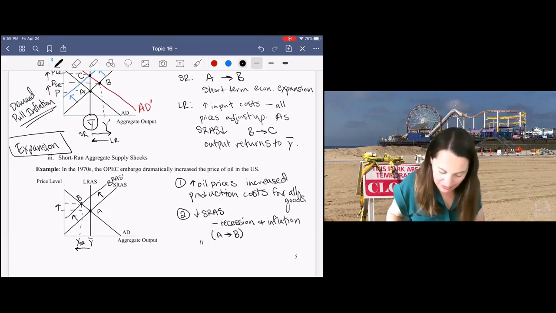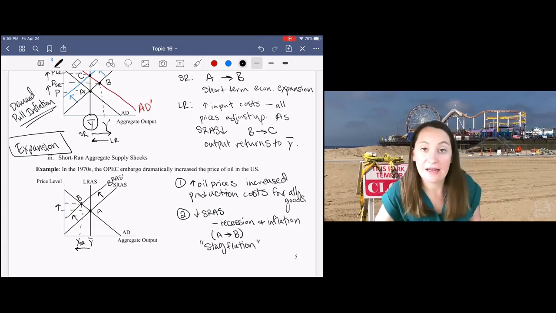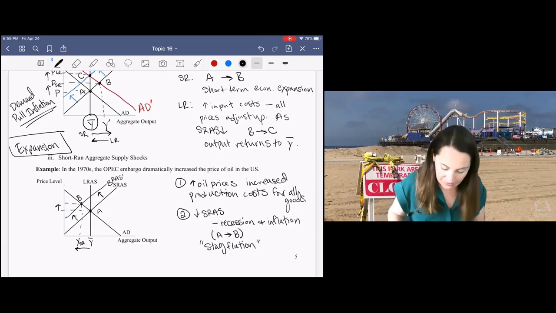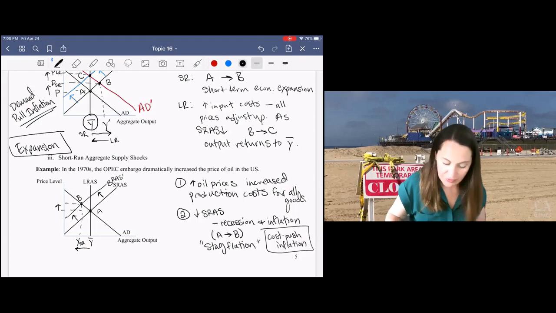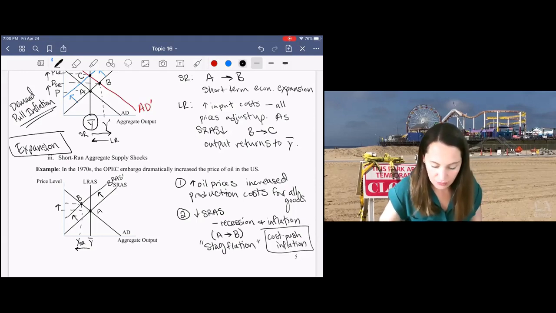This double whammy of recession and inflation has a special name. It's sometimes called stagflation, because we have a stagnating economy and we also have increasing prices. We could also call this cost push inflation, as opposed to the demand pull inflation that we saw during economic expansions.